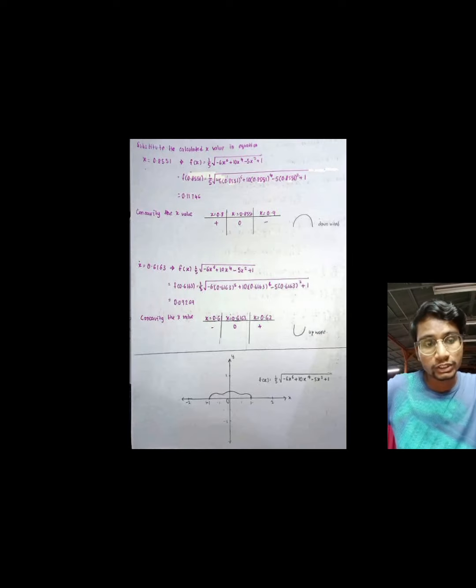Then we substitute the calculated x value 0.8551 in the equation, and the point that we get is 0.11746.